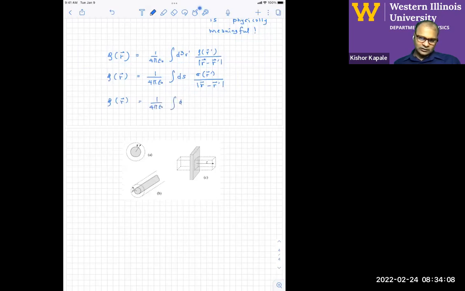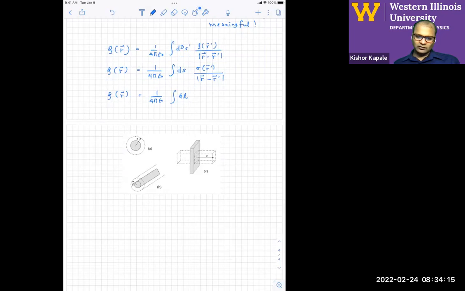scalar potential through a corresponding integral. So we saw this is the volume case, volume charge density. You have a surface charge density.